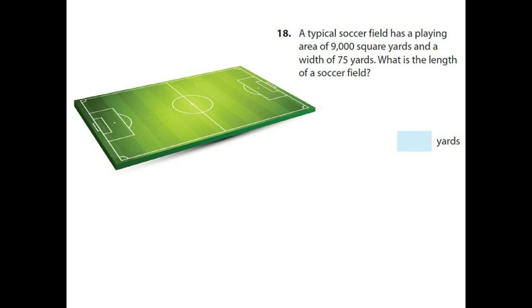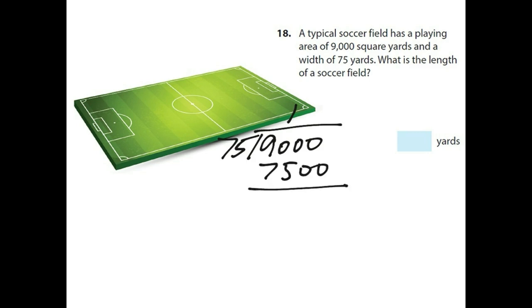So 9,000 divided by 75. Alright. Well, I know I can put it in there 100 times because 100 times 75 is going to be 7,500. Subtract, and I get 1,500. Well, 2 times 75 is 150, isn't it?